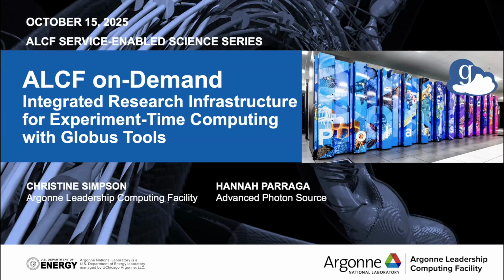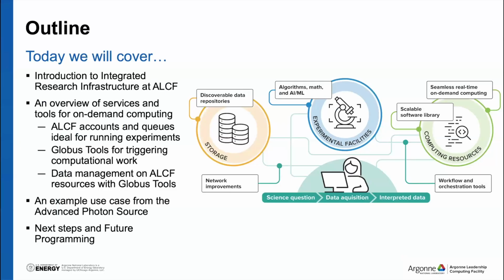Just to give an overview, today we'll cover an introduction to what we're calling integrated research infrastructure. This is a DOE computing facility-wide effort to better integrate our DOE computing facilities with all kinds of science, including running experiments.